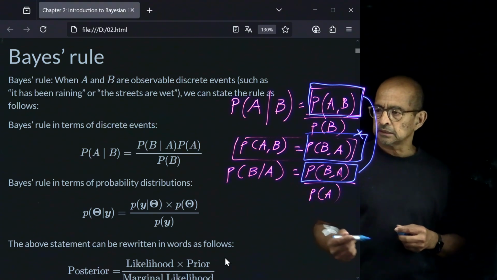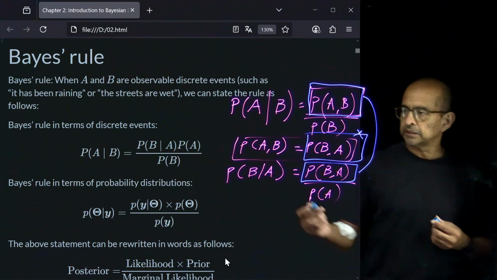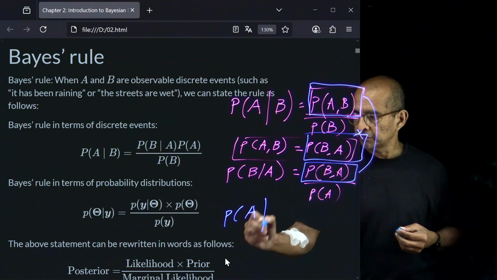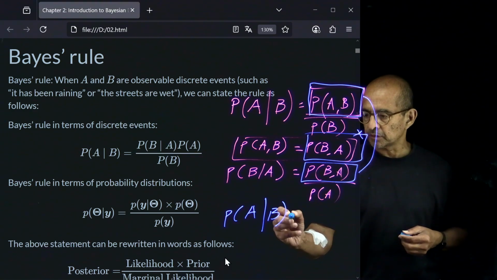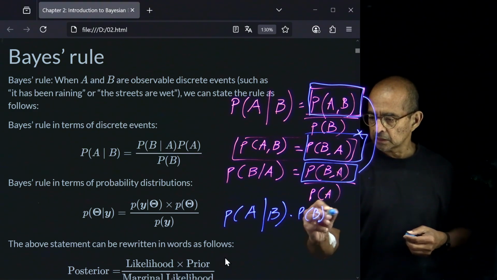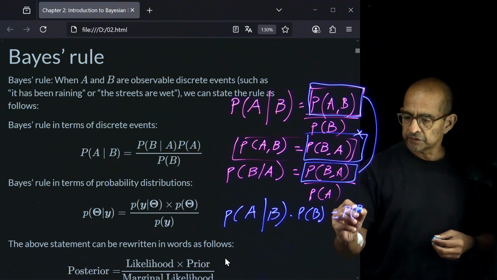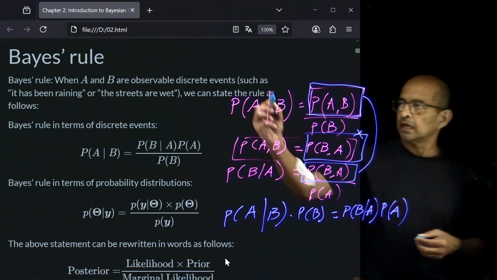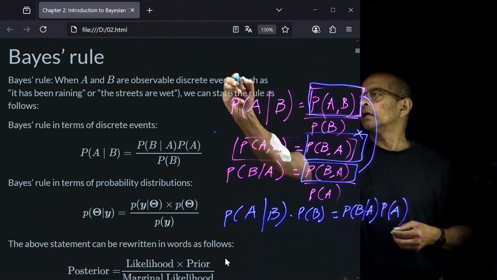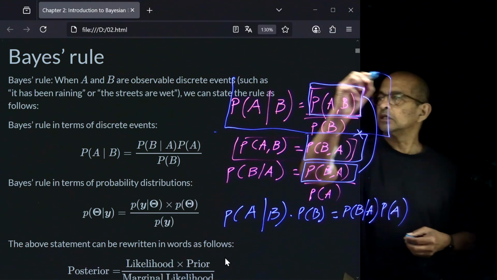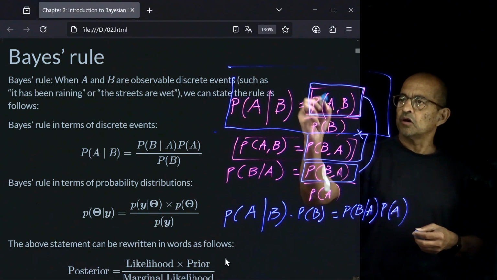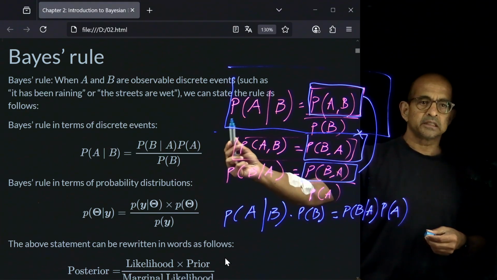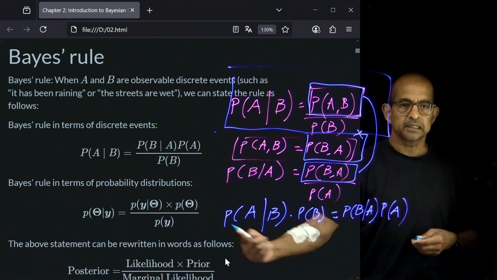So because they're the same joint probability, I can now equate the probability of A given B times the probability of B with the probability of B given A times the probability of A. What I've done here is that I've taken this equation and expressed it in terms of the joint probability of A and B. I've just multiplied both sides by the probability of B. So on the left hand side, I get the probability of A given B times the probability of B. That's this here.